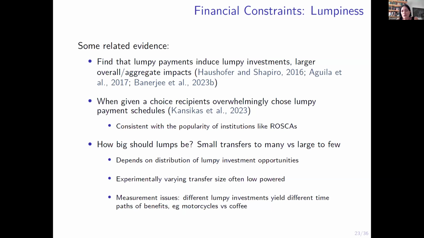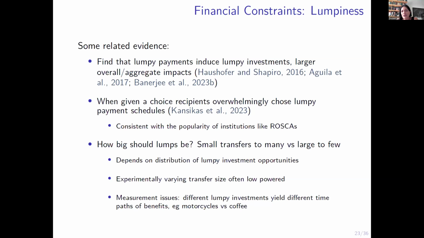Understanding how big these should be depends on a bunch of things. One, it depends on the distribution of the opportunities that people have, which we know very little about, right? Do I have an opportunity that needs $1,000, and does Paul have one that needs $2,000? Or do most people have one that's a little smaller? We know very little about what sorts of opportunities are out there for poor households.